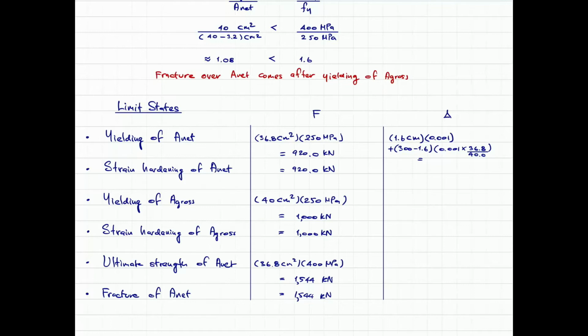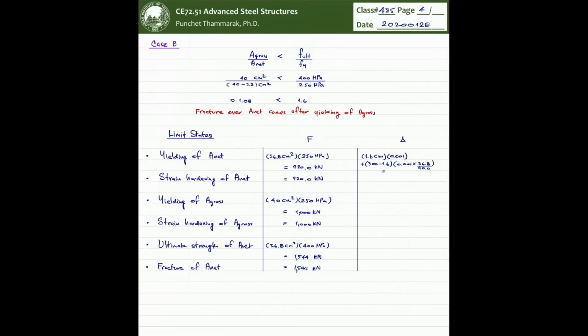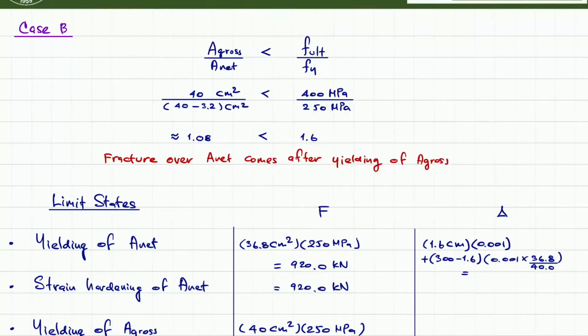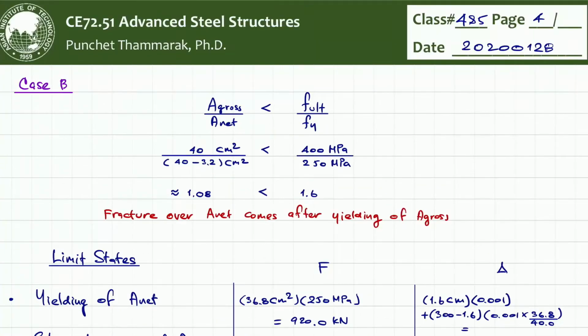So here, come back here, this is case B. Before we start case B, we check the ratio of the gross area to the net area, and we check if this is less than the ratio of the ultimate to the yield strength or not, and we found that the ratio is much lower.